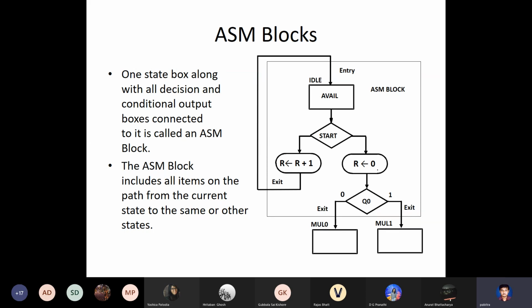But here, because these blocks represent states in a state transition diagram, you know that state transition happens only at the clock edges, if we design so, in a synchronous circuit. So this transition from one ASM block to the other should happen only at the clock edges.